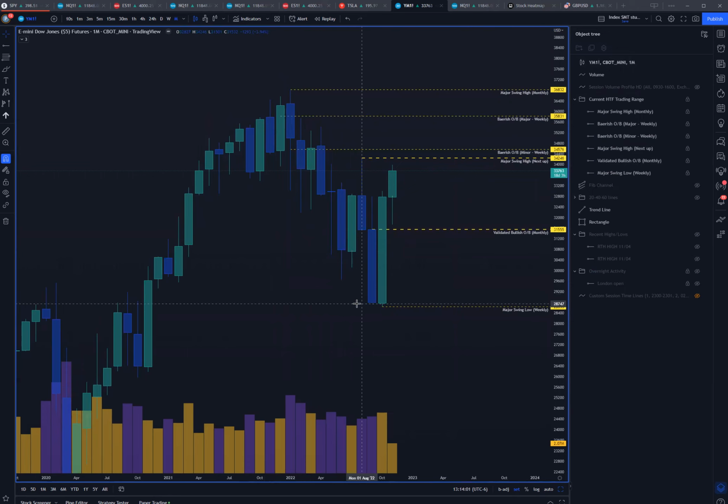NASDAQ is the slowest for the time being. YM is the fastest, furthest ahead for the time being with regards to these different areas of liquidity that they're going towards. And as far as that goes, we're good.